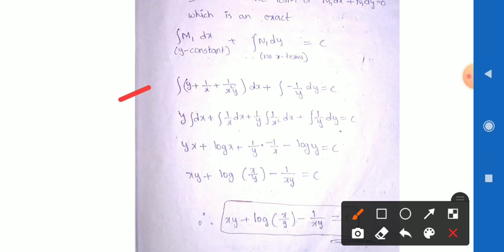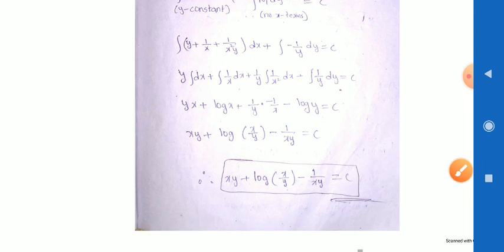By doing integration, we get y into x plus log x plus 1 by y into minus 1 by x minus log y is equal to c. By simplifying, we get xy plus log xy minus 1 by xy is equal to c. That is xy plus log x by y minus 1 by xy is equal to c, which is the general solution for the given differential equation.